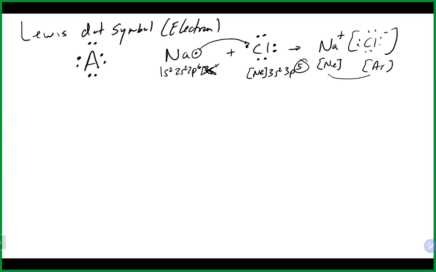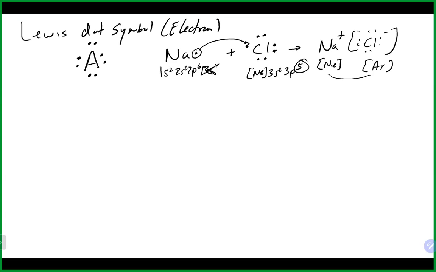In ionic compounds, because of the difference in electronegativity and those periodic trends, the metals will give up their electrons and move backwards to the noble gas that came right before them. The nonmetals will accept those electrons and move forward to the noble gas that comes after them. Any questions on that?